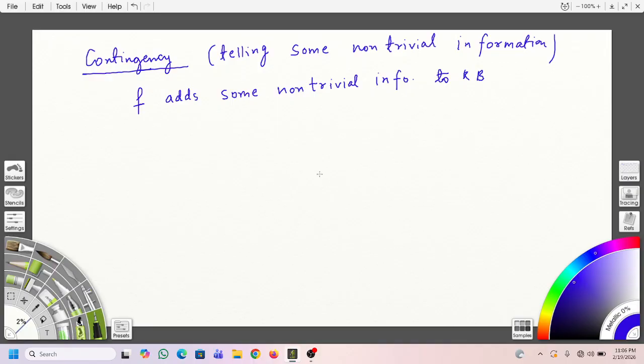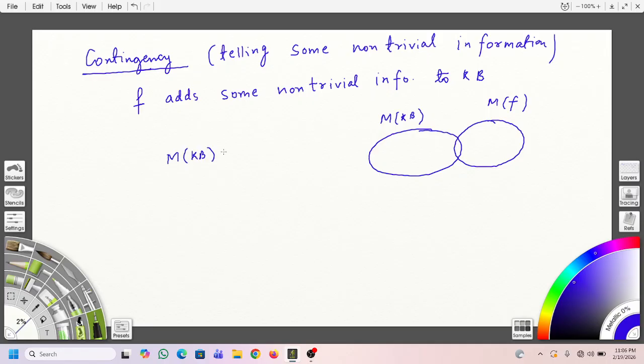So if I draw the diagram here, this is, let us say, M of KB, and let us say this is our M of F. Okay, so M of KB intersection M of F is a strict subset of M of KB and is a strict subset of phi.